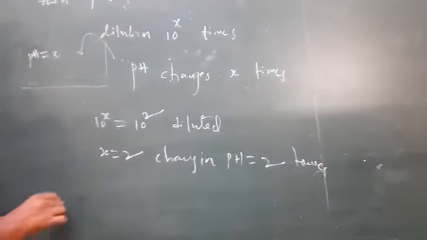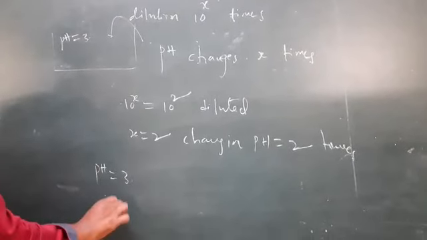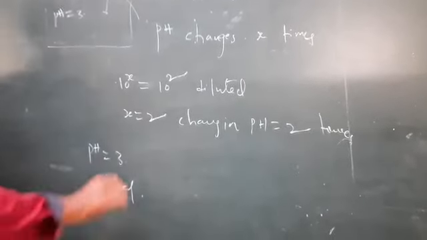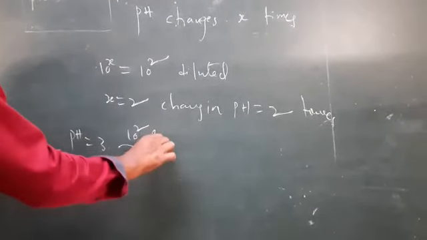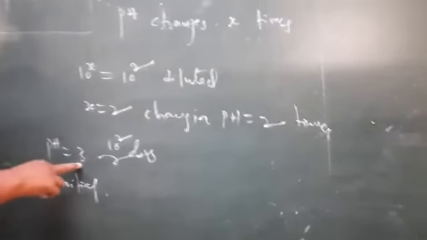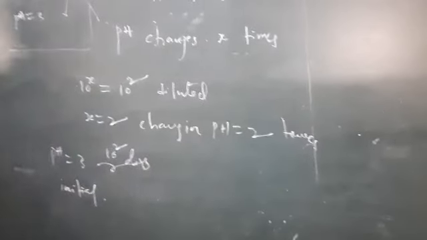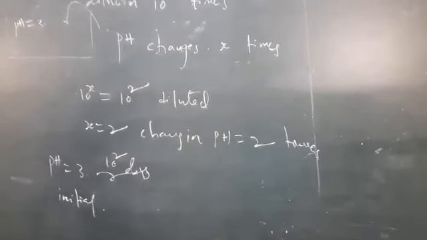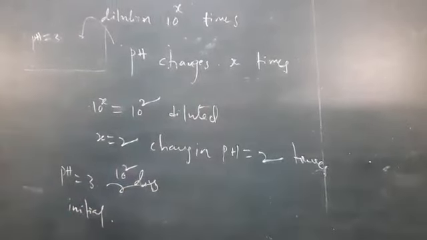So initially pH equal to 3. But after 10 square times dilution, pH changes 2 times. That means 3 plus 2 becomes 5, or 3 minus 2 becomes 1. But upon dilution, pH always increases.